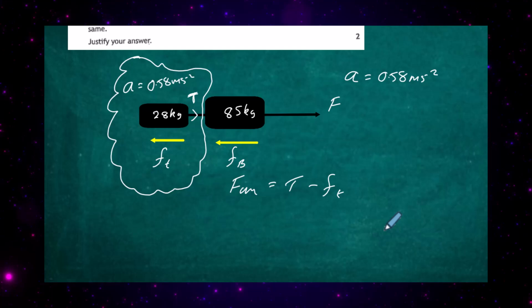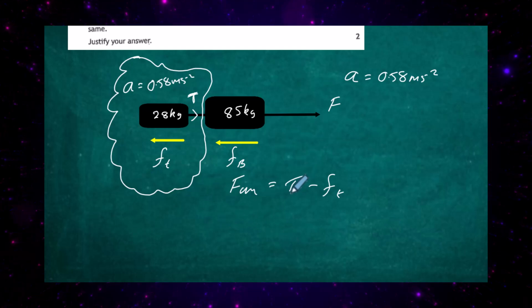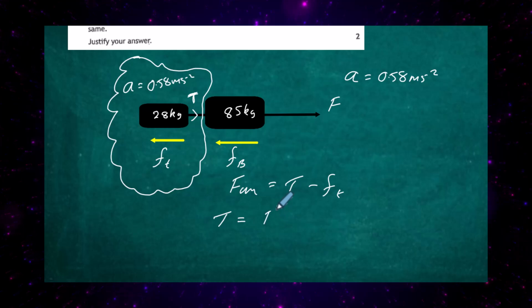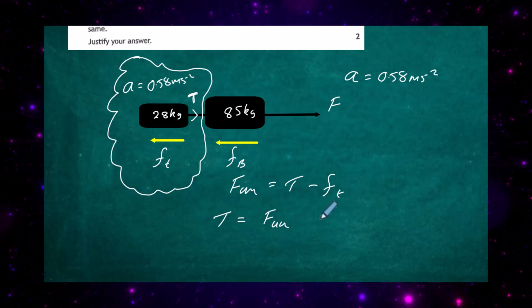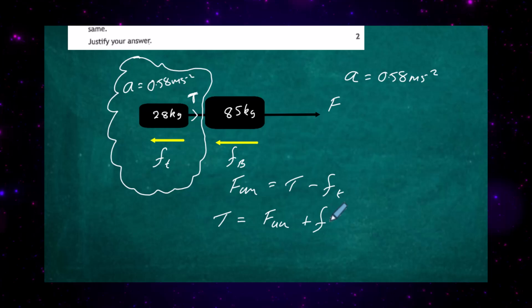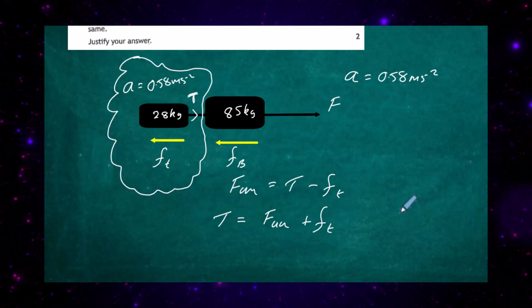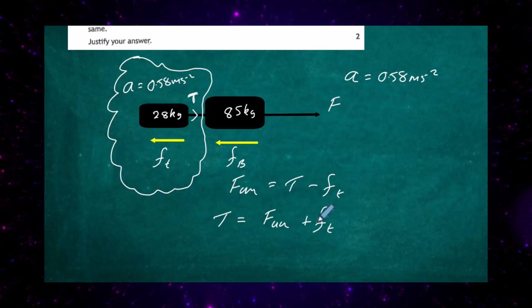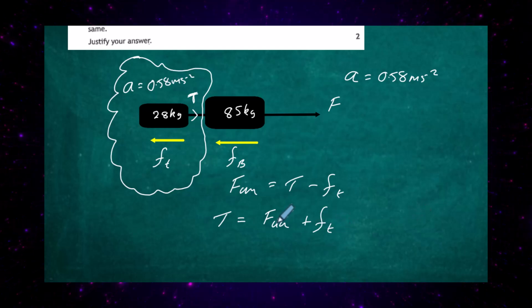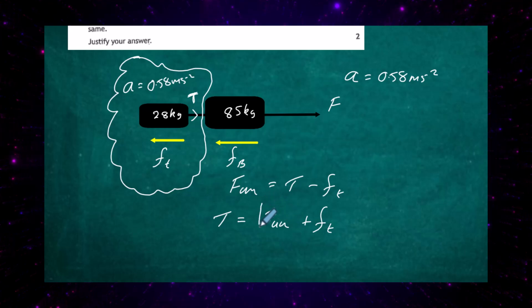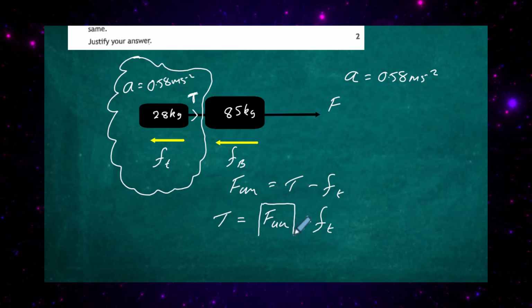Now, we can rearrange to find out what the tension in the cable is. The tension in the tow cable will simply be equal to the unbalanced force, add on the frictional force due to the trailer. Now, we know it's the same acceleration, therefore force equals ma, so the unbalanced force is going to be exactly the same. I'm going to lock it into a box like that.